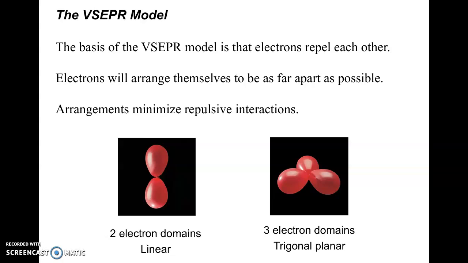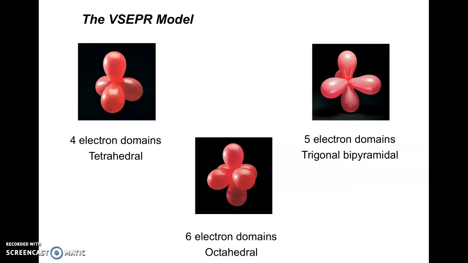The one to the right is something like boron trihydride, BH3. You have 3 bonds between the boron and the 3 hydrogens, no lone pairs, and so those 3 bonds spread out as far as they can, and they are pointed towards the corners of a triangle.